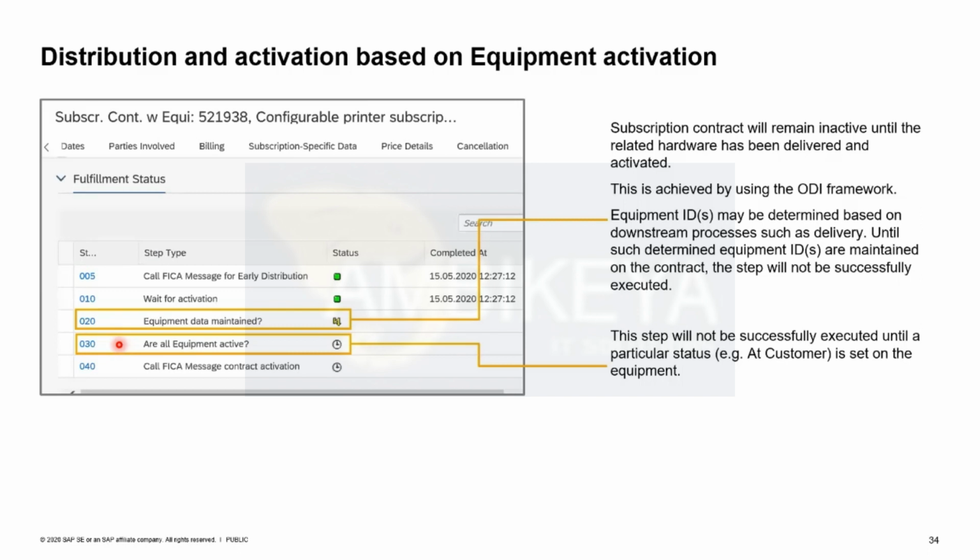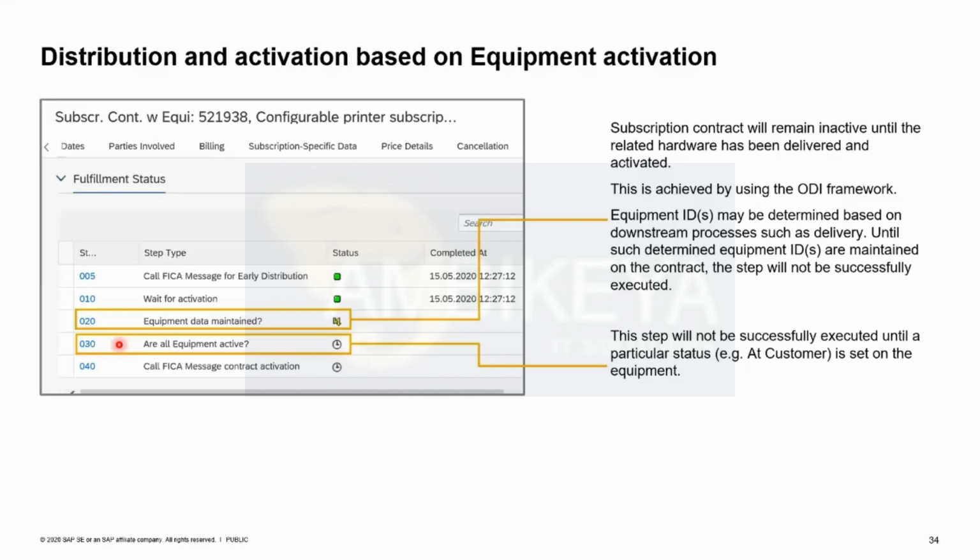Because if there are multiple equipments, it may take time until these are delivered and active. But revenue accounting might need to know that this contract exists, and that it will be billed in 1 month or in 2 months. So in this case, it makes sense to distribute this contract early to FICA so that revenue accounting will be informed in time.